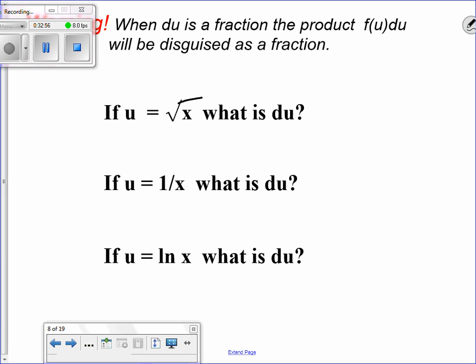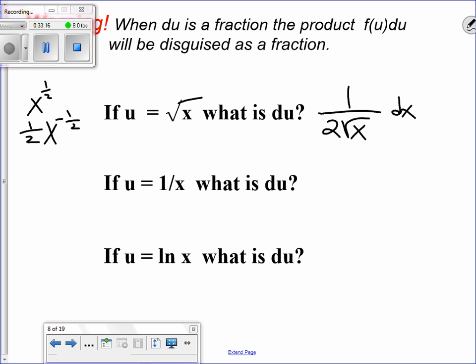What is the derivative of the square root of x? Think about x to the half. What would its derivative be? 1/2 x to the negative a half. If we write that as a fraction, that's 1 over 2 rad x, right?